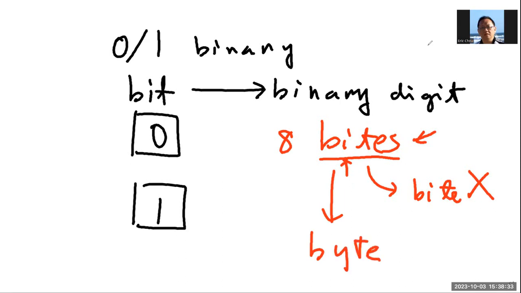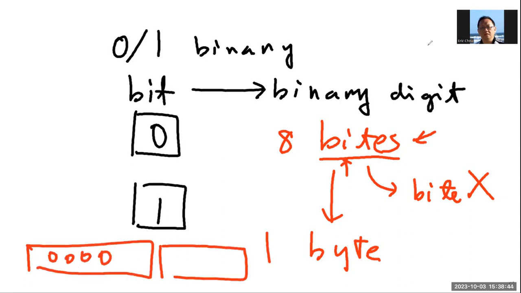So when you have a group of bits, like 0, 0, 0, 0, 0, 0, 0, 1, we call it 1 byte.